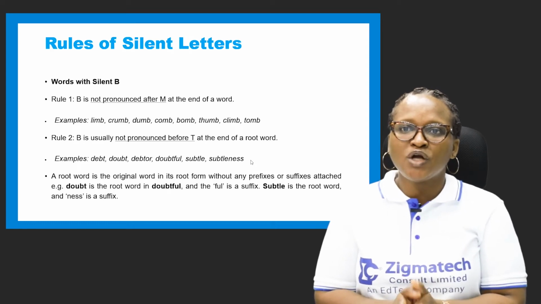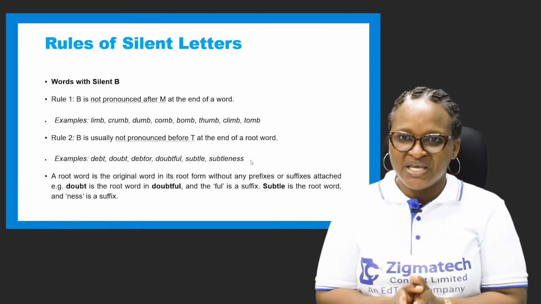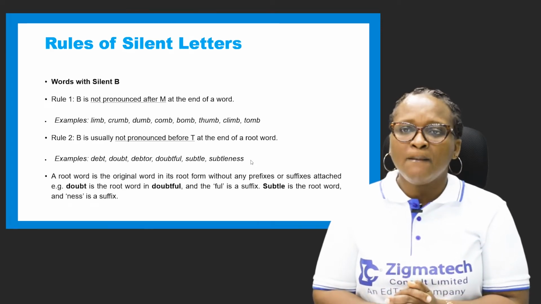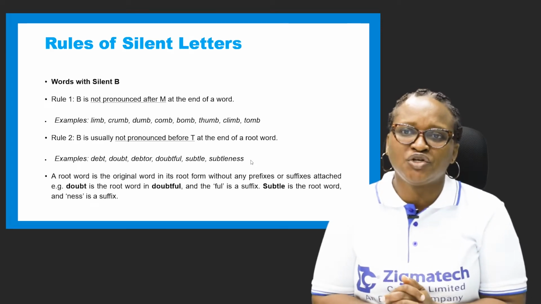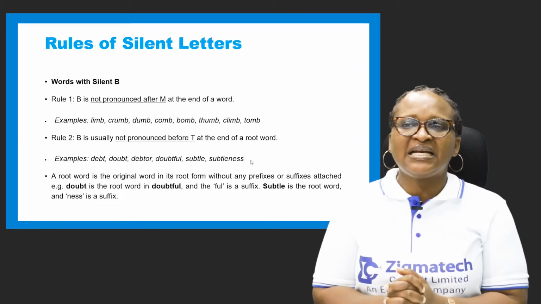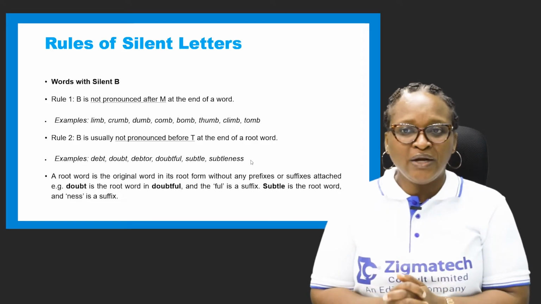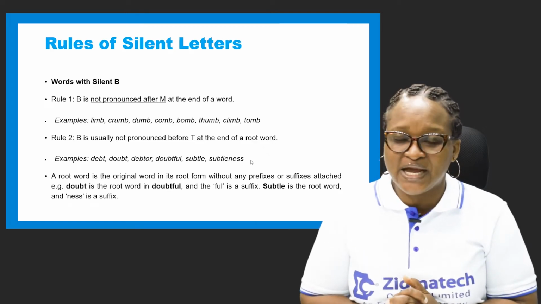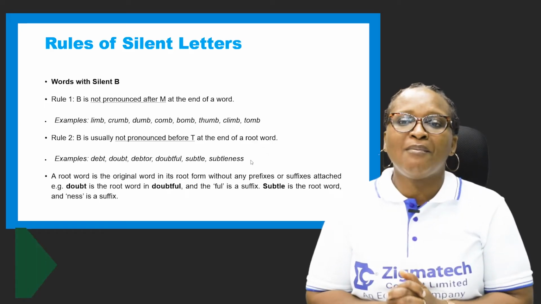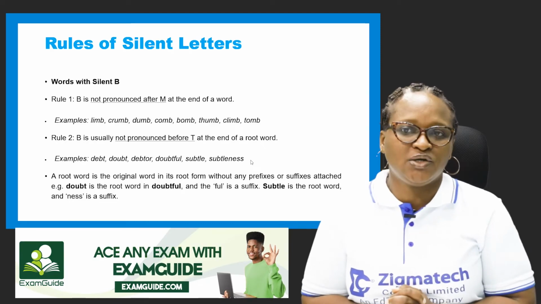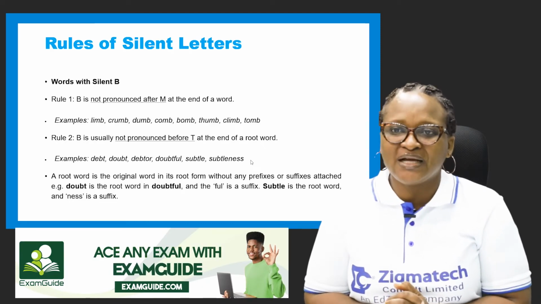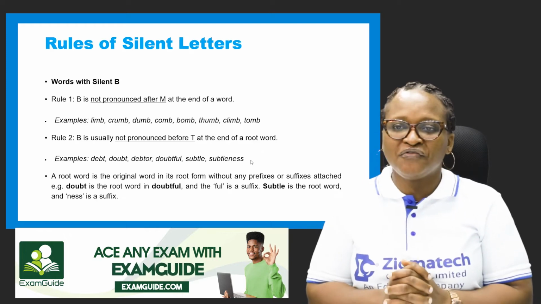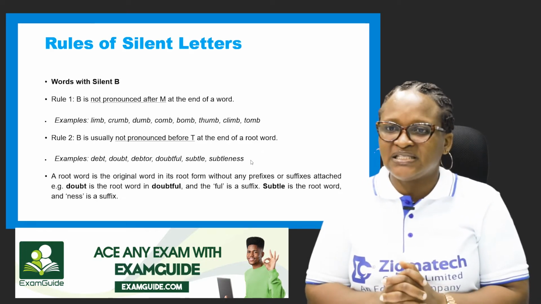Number one, we said words with silent B. There are words that have B visibly written, but at the point of pronunciation, remember I said that these silent letters are dictated when we are pronouncing the words. When we are looking at them, they are there, we can see them. But when our mouths or organs of articulation come together to produce these words, you find out that certain letters are omitted.